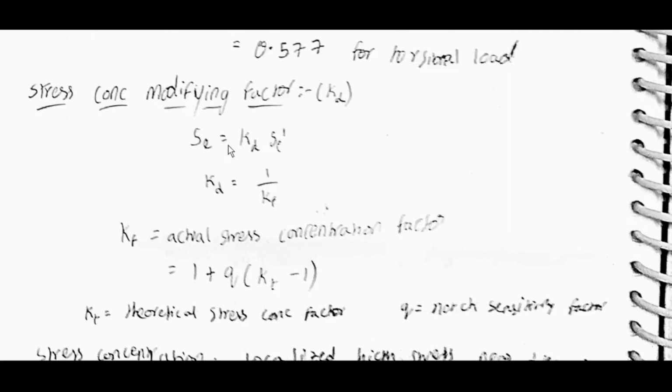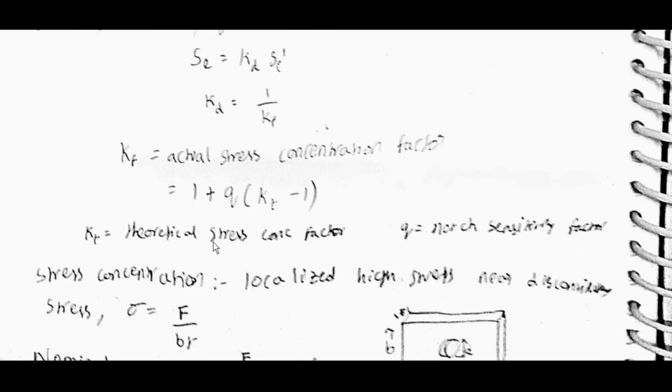Stress concentration modifying factor Kd: SC is equal to Kd into SC prime. Kd is equal to 1 by Kf. Kf is the actual stress concentration factor, equal to 1 plus q into Kt minus 1. Kt is the theoretical stress concentration factor, and q is the notch sensitivity factor.